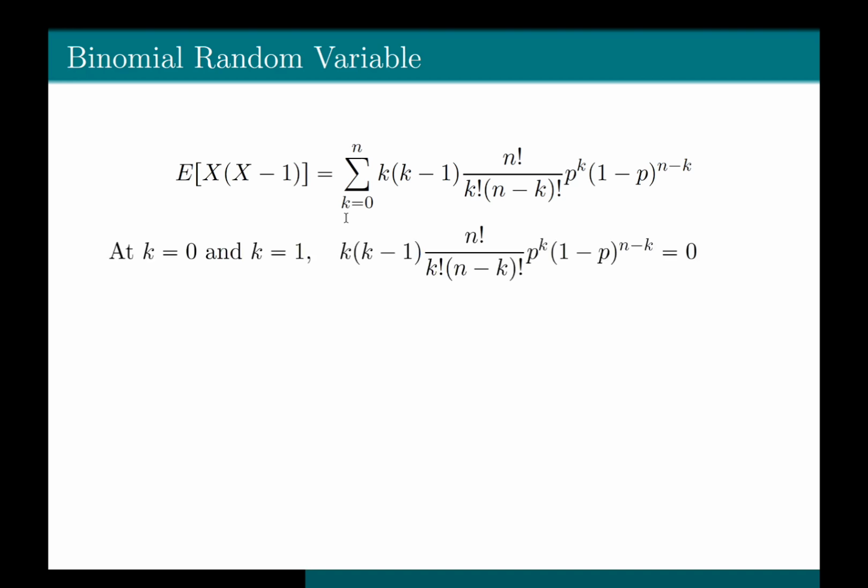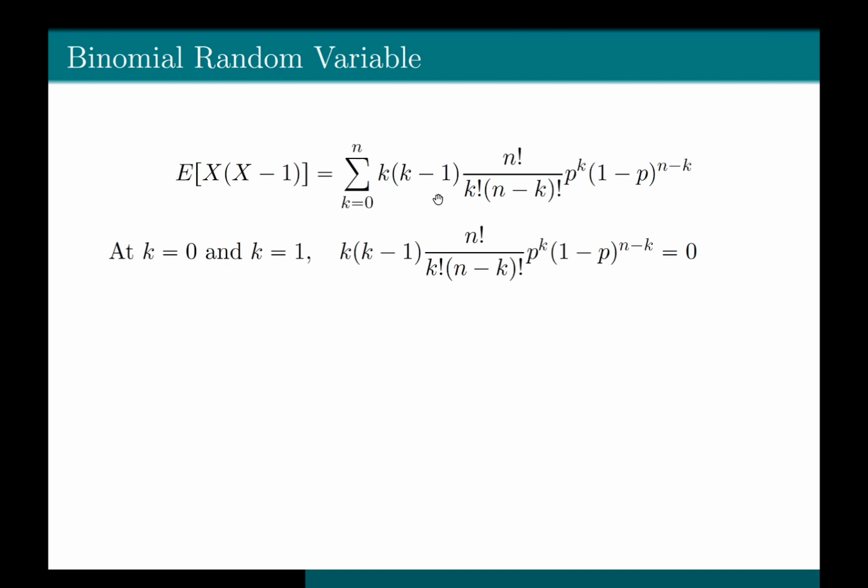Perfect. Now if you carefully notice, summation k equals 0 to n means that you are finding the sum of this expression when k equals 0, plus k equals 1, plus k equals 2, plus k equals 3, and so on till k equals n.